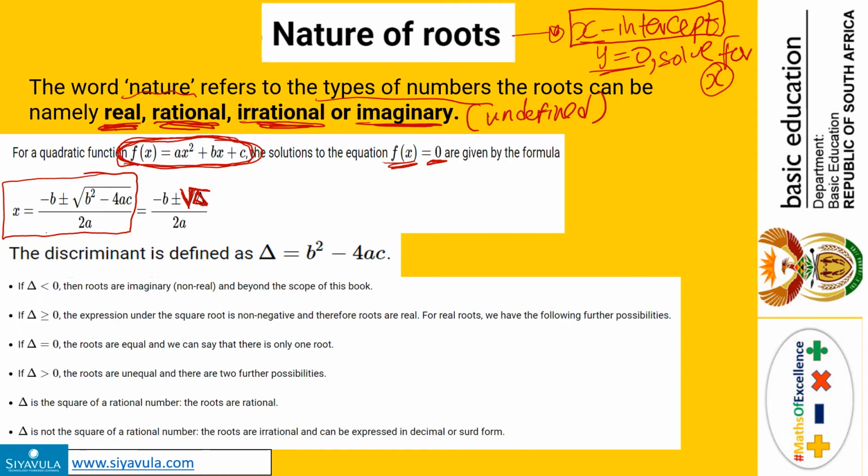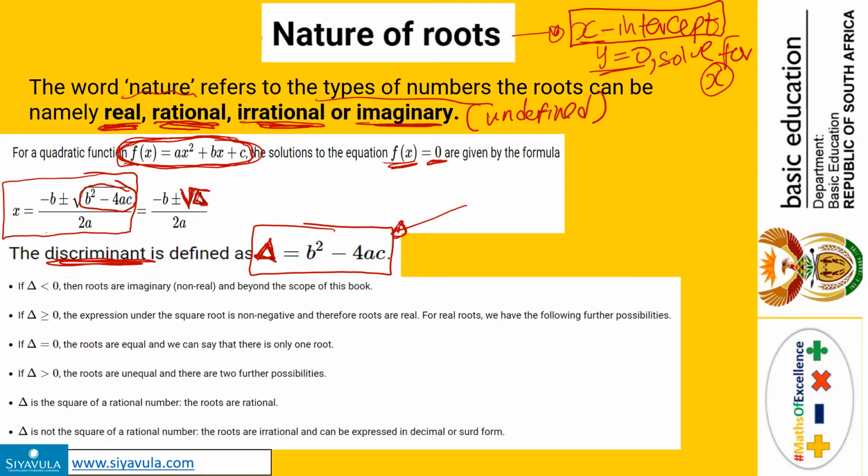We call that triangle the discriminant, which is equal to, inside the brackets, b² − 4ac. So its formula is basically discriminant = b² − 4ac. How does this thing help us?